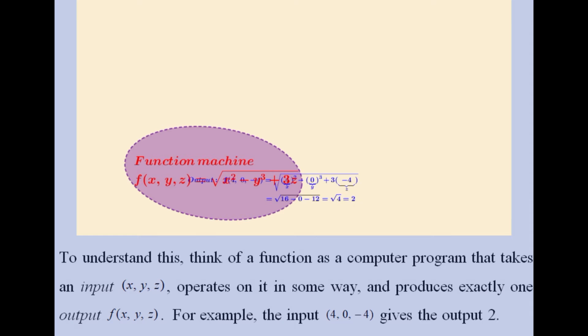To understand this, think of a function as a computer program that takes an input triple x, y, z, operates on it in some way, and produces exactly one output f of x, y, z. For example, the input triple 4, 0, negative 4 gives the output 2.